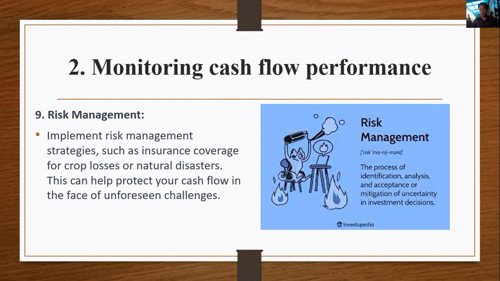Because you don't know when these things happen, if you have risk management, somehow it will give you an assurance that if something happens beyond our control, you still can get back to your operation and continue your business activities.